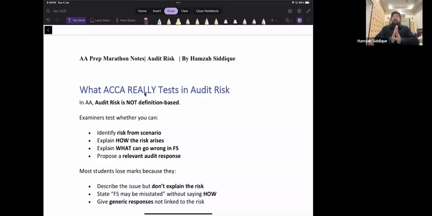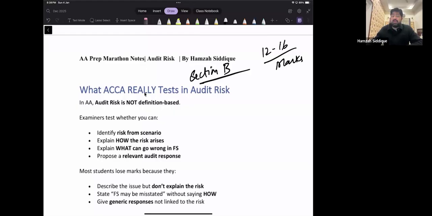You are given an exam scenario in section B of your paper, and in that scenario, they ask you for around 12 to 16 marks, normally 16 marks. They say explain or describe audit risks and audit response.